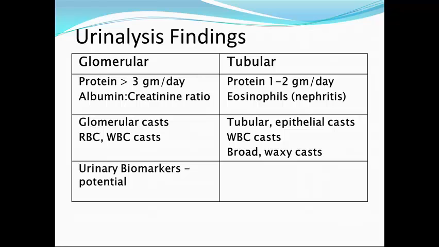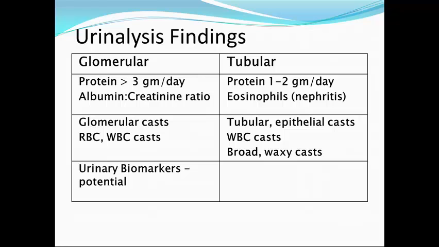We will look at the albumin to creatinine ratio in a glomerular disease. Not as useful in a tubular disease because there isn't as much protein. However, we're going to look for eosinophils. We're looking for a nephritis. When we look at the debris with a glomerular disorder, we're going to look for glomerular casts, red cell, and white cell casts.